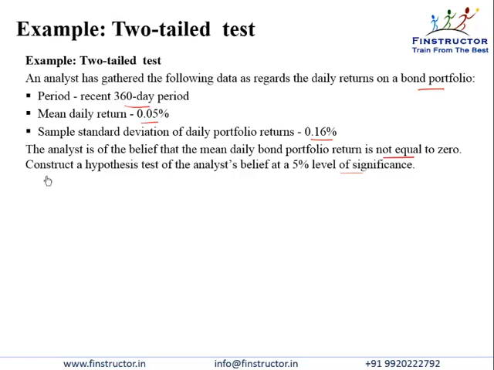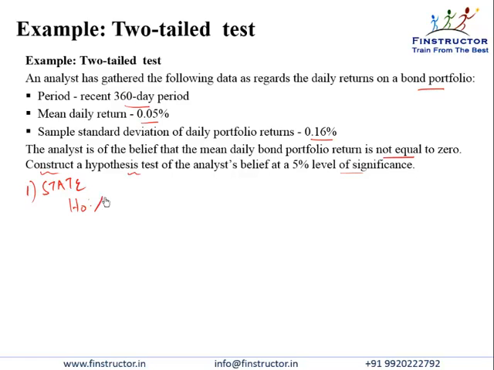So the question is on constructing a hypothesis test. We will follow the 7-point procedure that we just studied. Step 1 is to state the hypothesis. The null hypothesis is a statement that the researcher wants to reject.